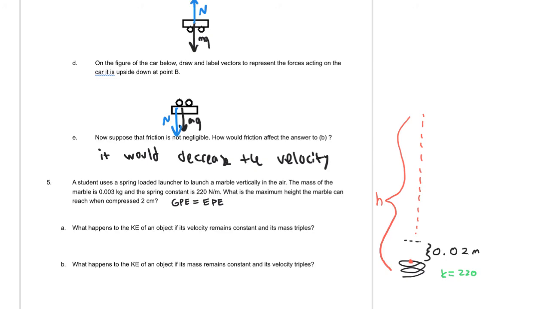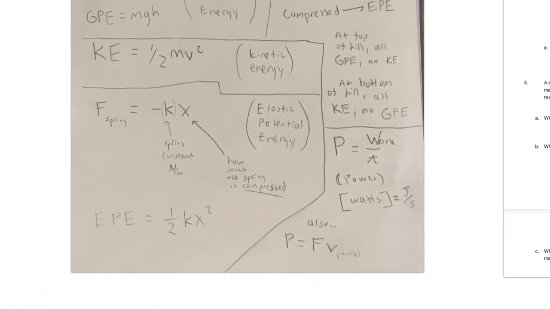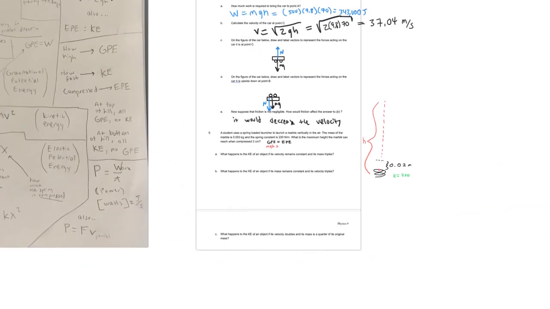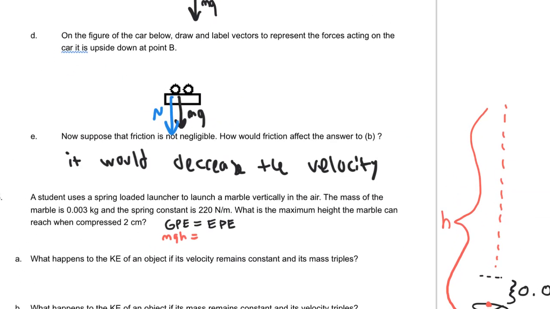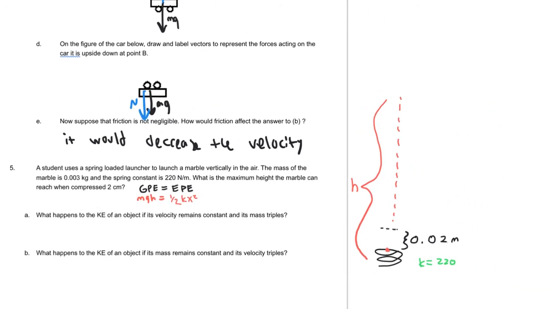So I'll write that here: mass times gravity times height. And that equals EPE. Now apparently EPE is equal to 1/2 K times x squared. Okay? 1/2 K times x squared.